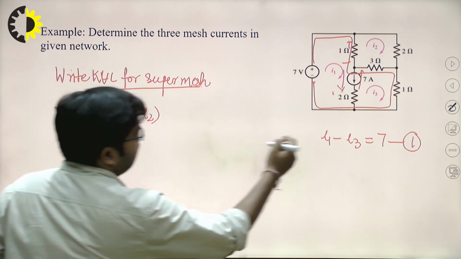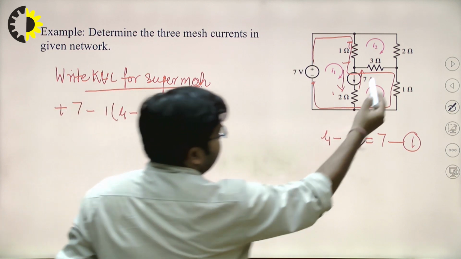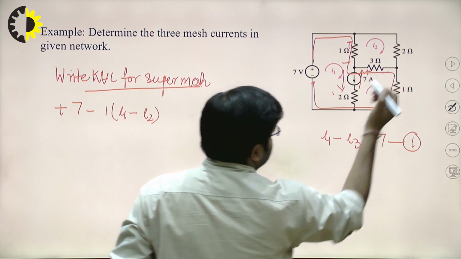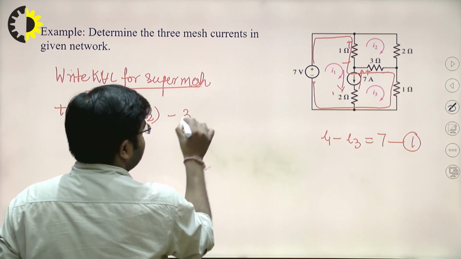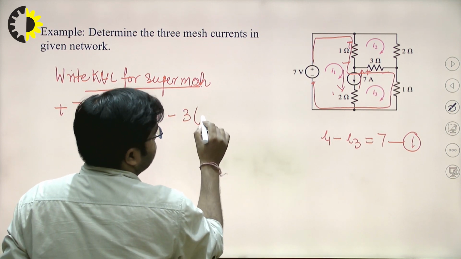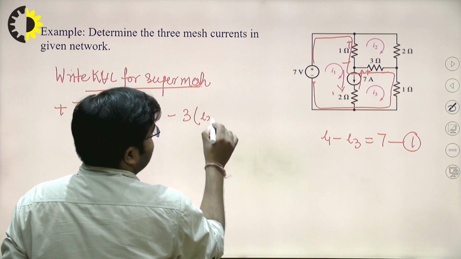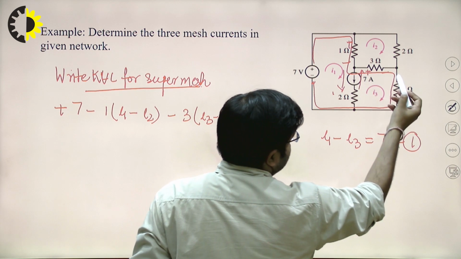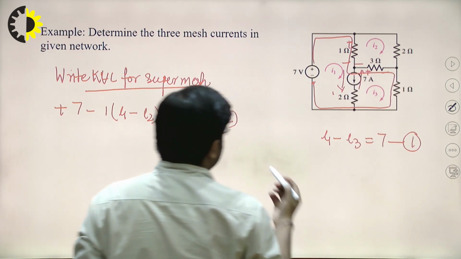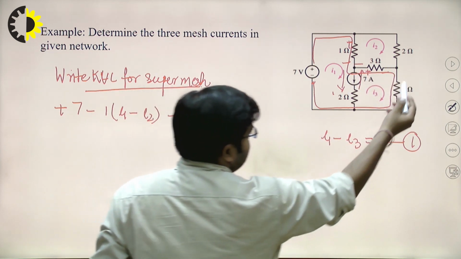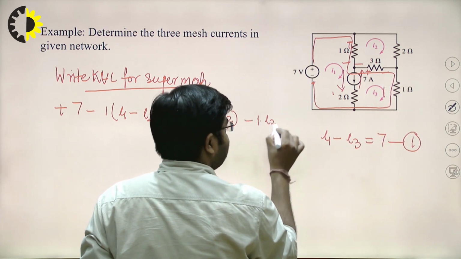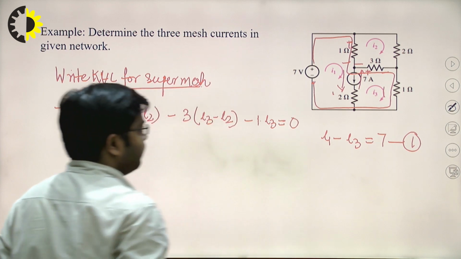Then write the voltage drop across this resistance. So plus 2 minus. So minus 3 into (I3 minus I2), because the I3 current is flowing in this direction and I2 in this direction. Then write the voltage drop across this resistance. So minus 1 into I3 is equal to 0.